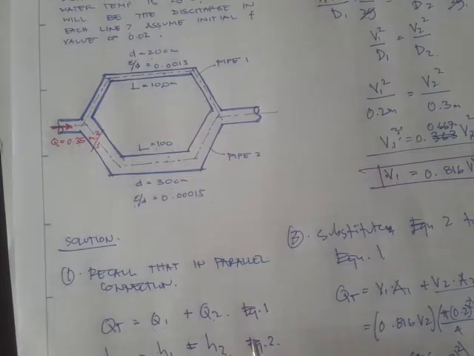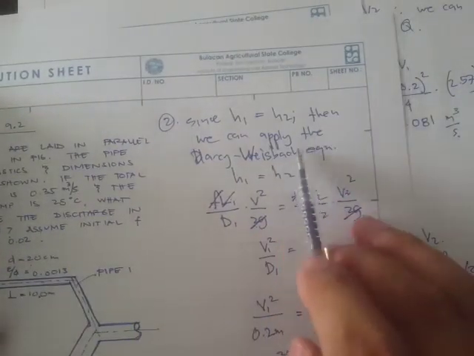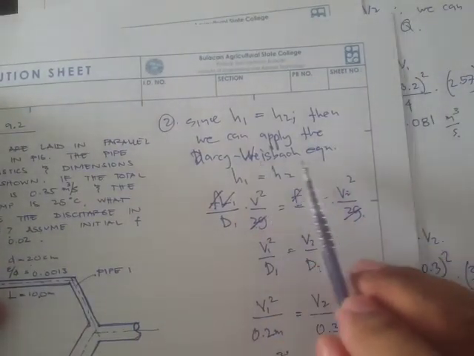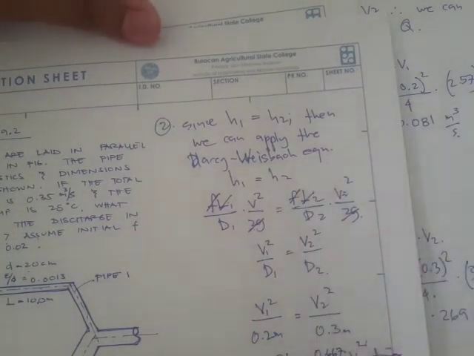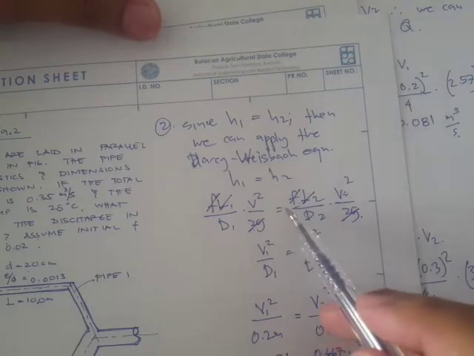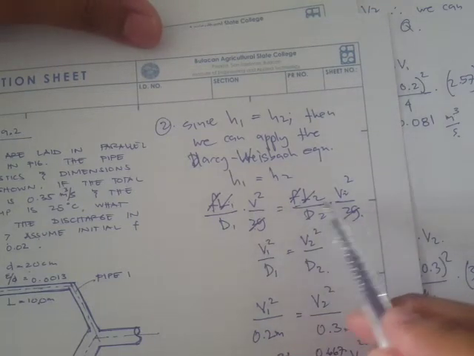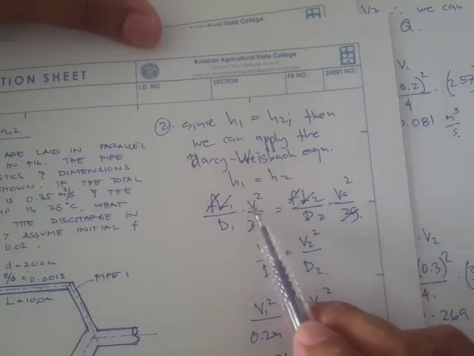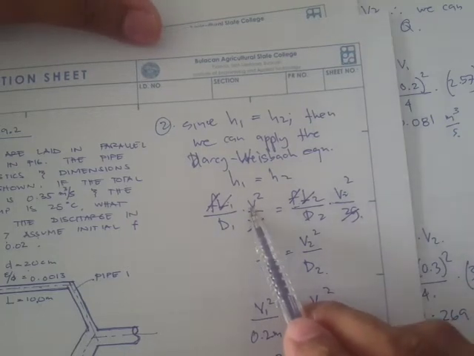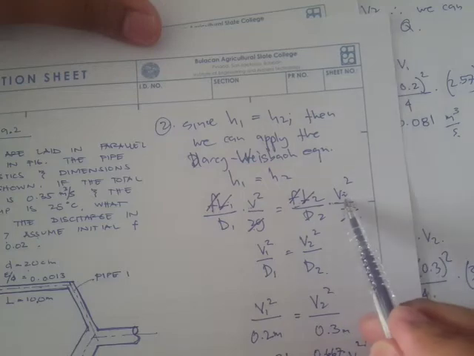We have equal head loss. Since H1 is equal to H2, we can apply the Darcy-Weisbach equation. We apply this because we want to solve for the relationship between the velocity at point 1 and the velocity at point 2.